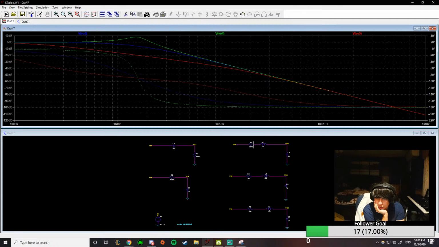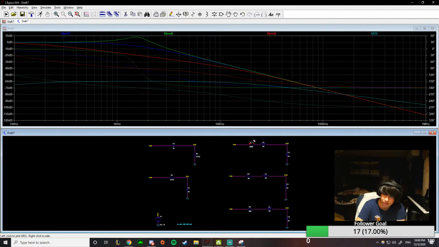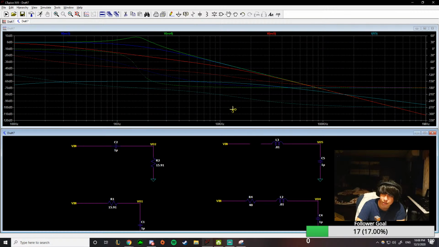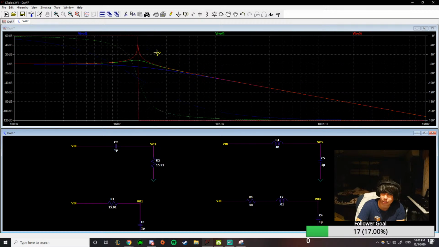Well, I can just see, huh? I was gonna delete it. If I delete this, I need to stop simulating, I guess. Okay. I delete this. Alright, which one is this? This is my V05. And I simulate.